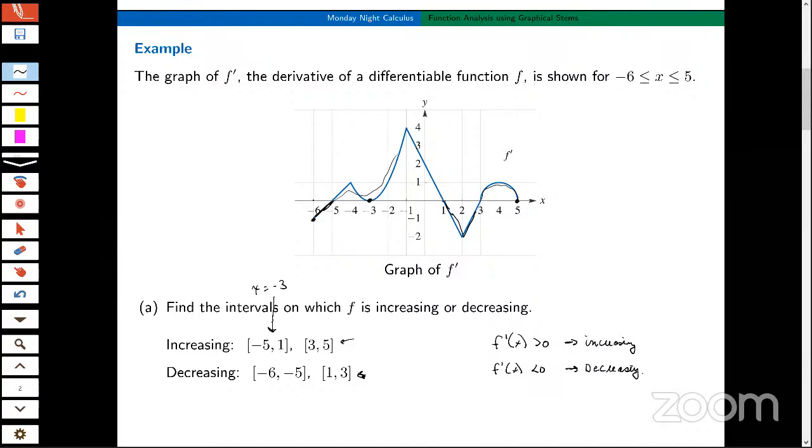Now, I don't think it is a contradiction, for example, to have 1 in both places here. The reason is because I do not believe that a function can be increasing or decreasing at a single point, a single value x.